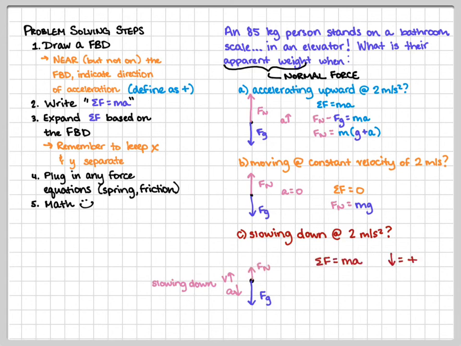And remember, you're going to forget to plug in a negative sign for your acceleration. So you might as well just define the acceleration direction to be positive. So if down is positive, then Fg is going to be positive and Fn is going to be negative in this case.